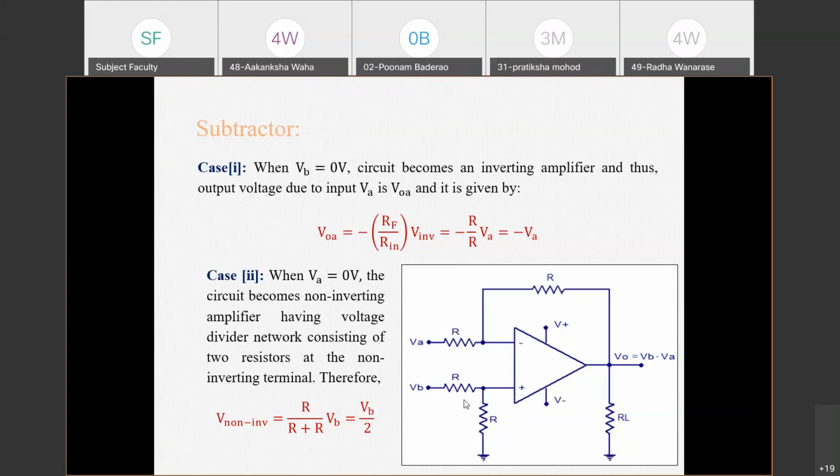It will divide the total voltage. But now the division will be equal since these resistors are equal. So VB by 2 on this resistor and VB by 2 on this resistor. And we are interested in the voltage across resistance R, so it becomes VB by 2.